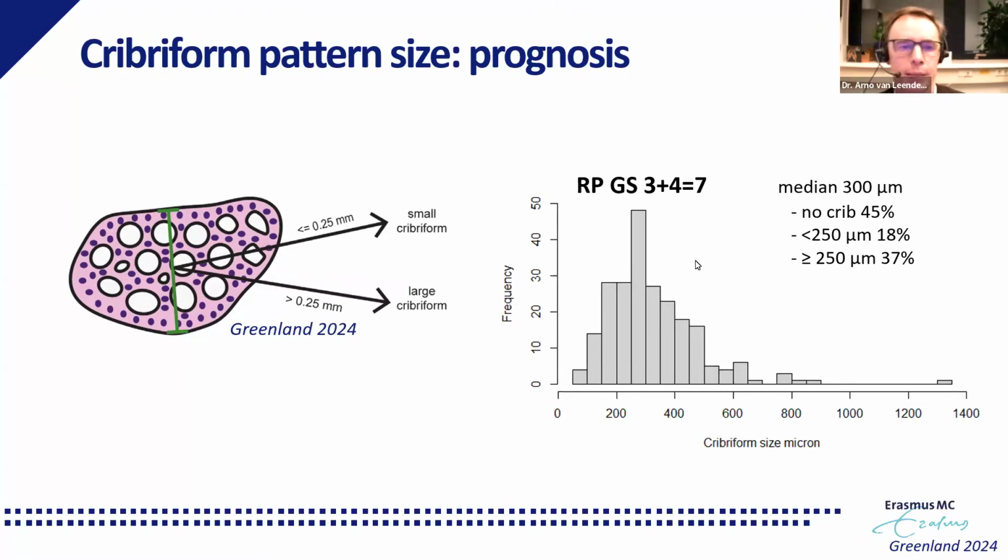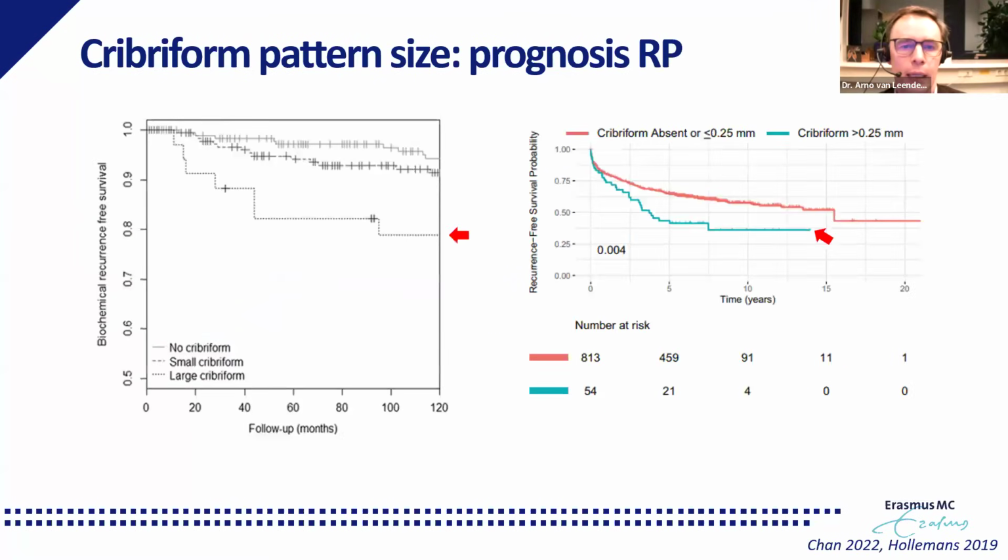That's important to keep in mind. So if you look at the outcome, then typically what you see in radical prostatectomies, if you have radical prostatectomy and measure the size, and then 2 studies looked at biochemical recurrence, and they both found that when you have large cribriform pattern, here the blue line, biochemical recurrence-free survival is worse.